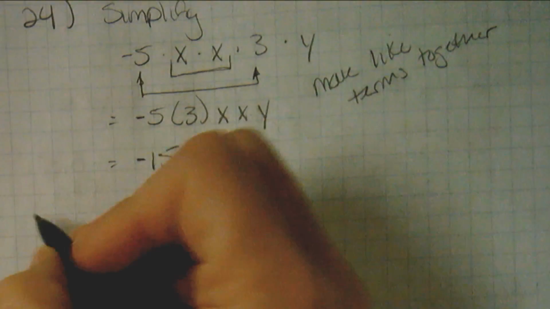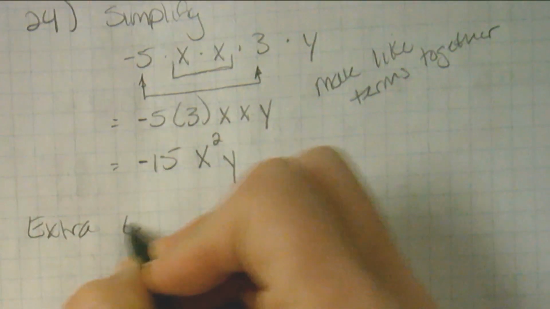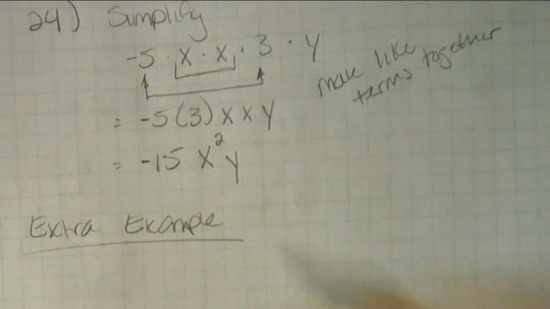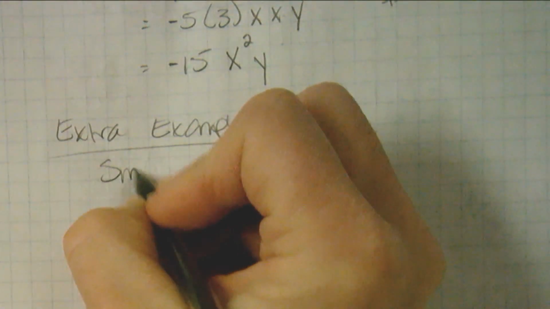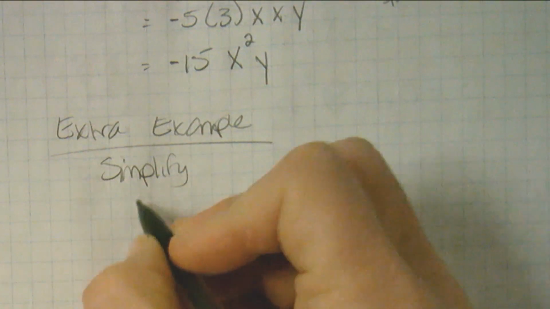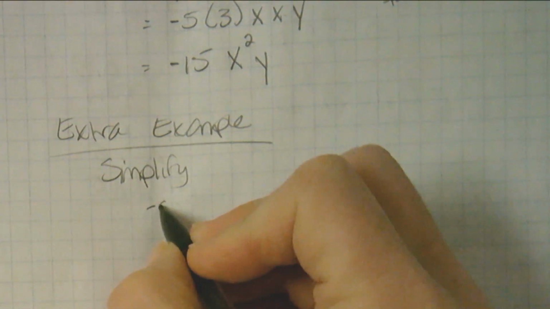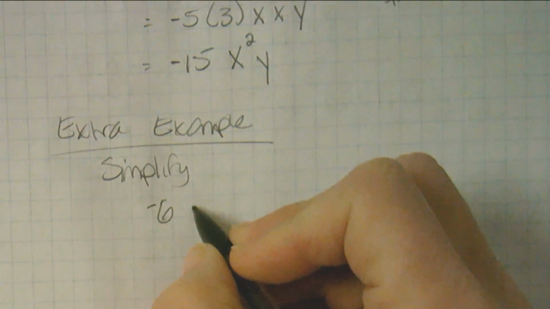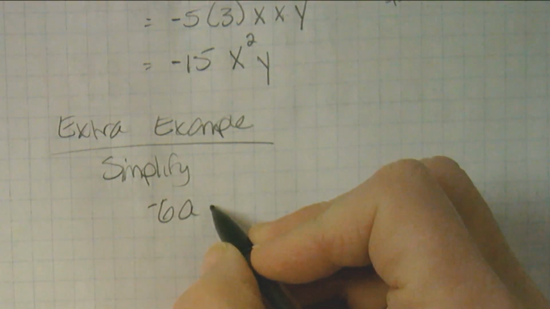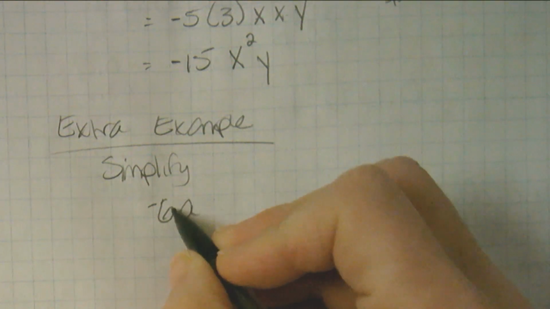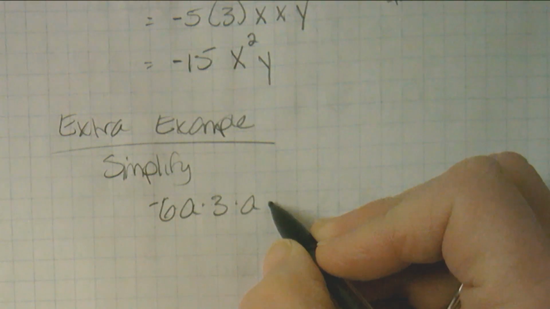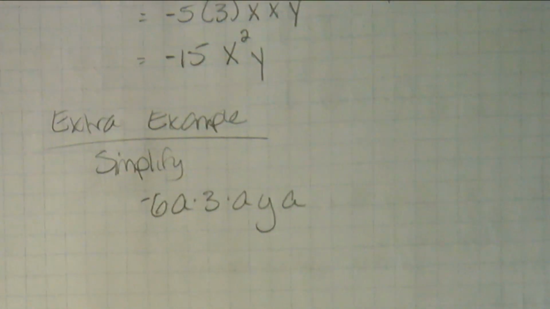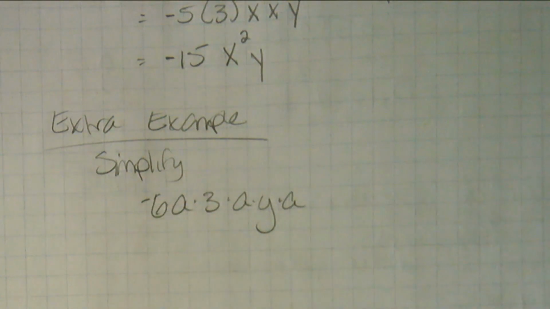All right, at the very end of your homework, I want you all to write extra example. All right, I want you to simplify -6 times a times 3 times a times y times a. I want you guys to simplify that.